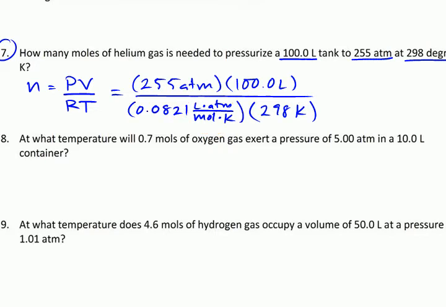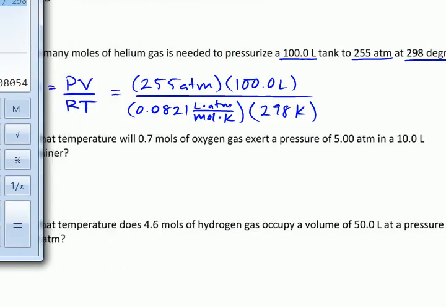If the problem does not start off that way, you need to make sure you do the appropriate conversions. All right, so this is just a huge math problem to punch into the calculator. Just got to be careful how you punch it in. 255 times 100 liters divided by R, 0.0821, and also divided by 298 Kelvin.